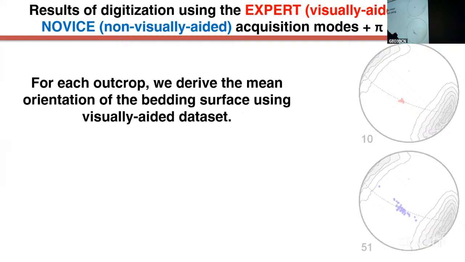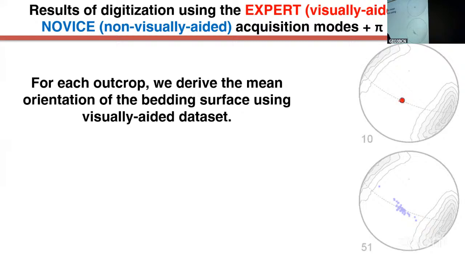It's essentially the morphology of the outcrop. And if you remember the video, that's the great circle of poles connecting the morphology of the outcrop with the real bedding. As you can see, the novice is essentially digitizing surfaces that are clustered along this great circle.